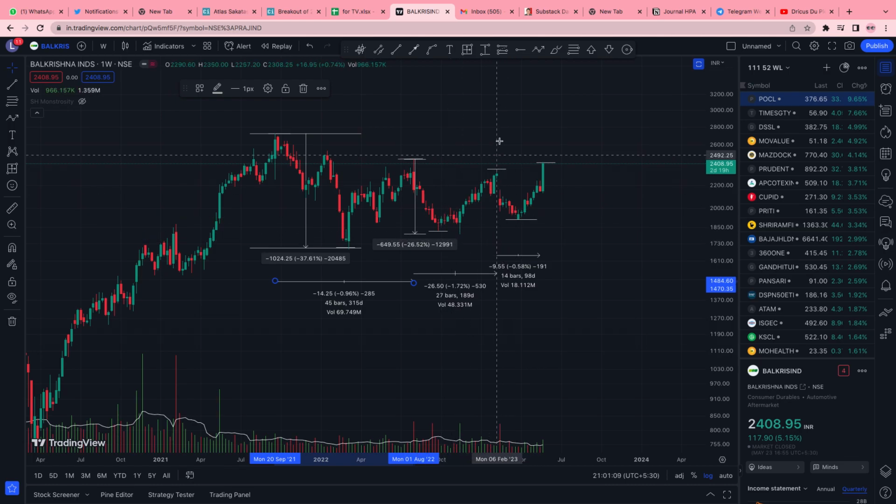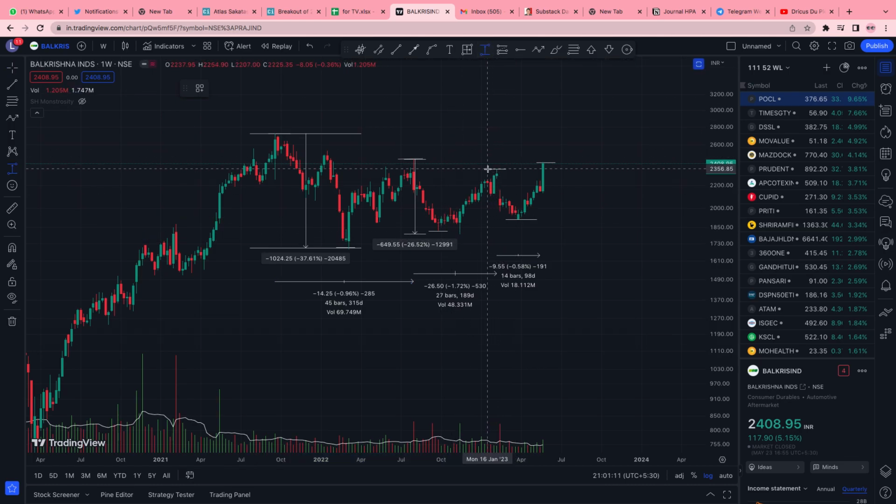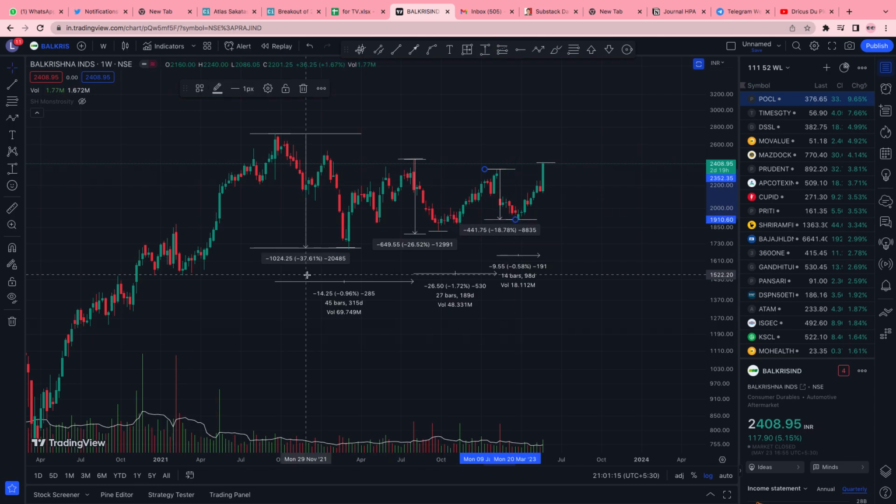Now, let's count the third contraction. So the third contraction will be from again top to bottom here. It is minus 18. So you see how from minus 37, minus 26, minus 18. So this contraction is also, I'll show you the math here. Minus 13, if you divide, so 37 to 26, what percentage contraction is happening here?